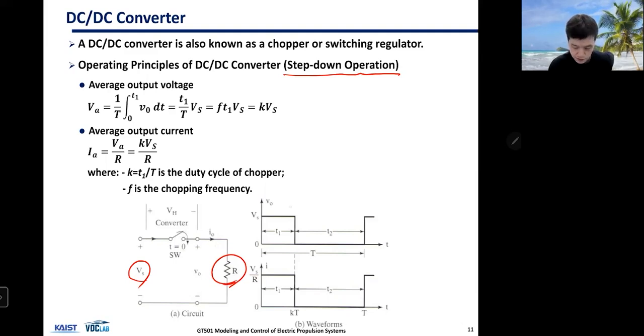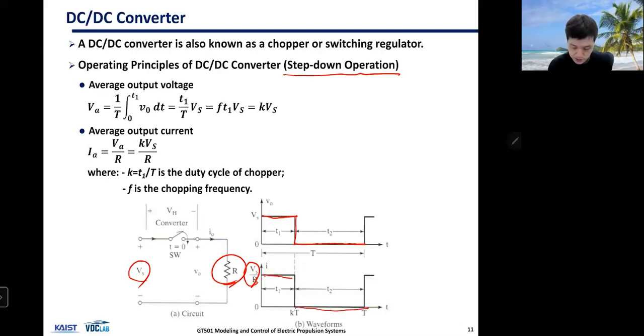For example, if you close the circuit, then you will create voltage and current in the circuit, and if you switch off, then the voltage applied will come back down to 0, and this will be the current that the load is experiencing.